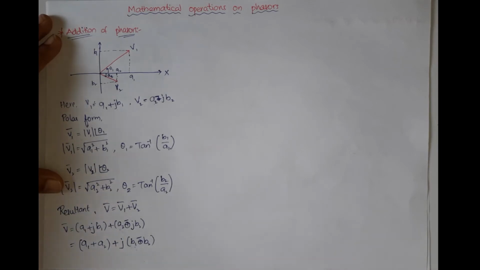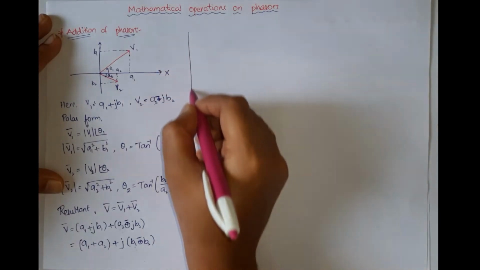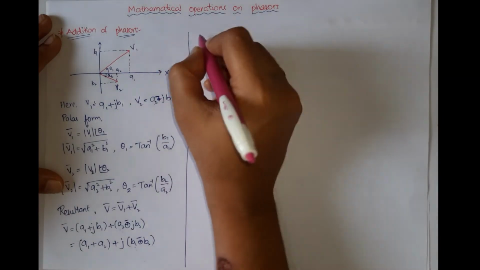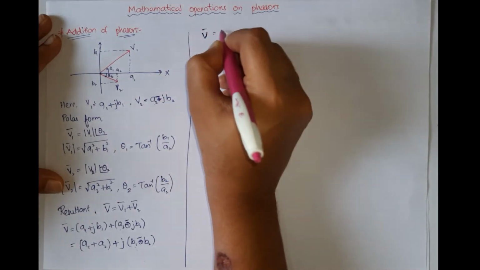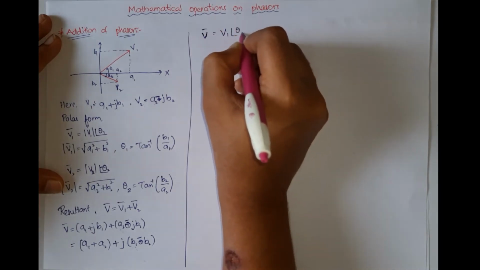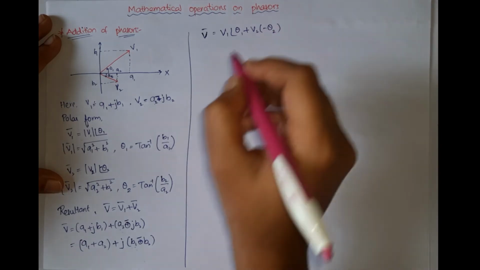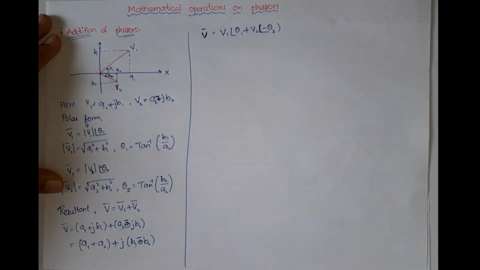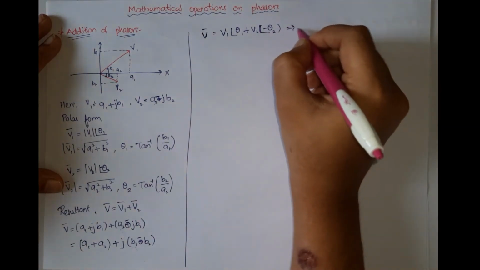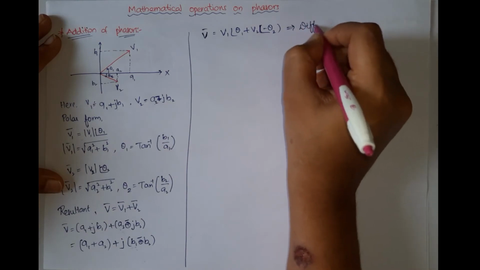So coming to calculation in polar form, if you see, in polar form we need to do V bar is equal to V1 angle of theta1 plus V2 angle of minus theta2, which is very difficult to calculate.